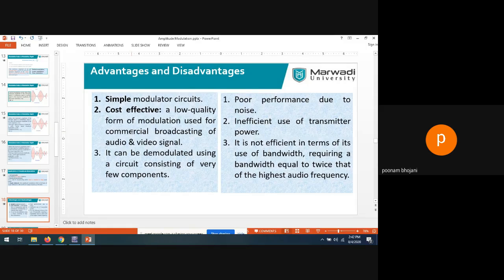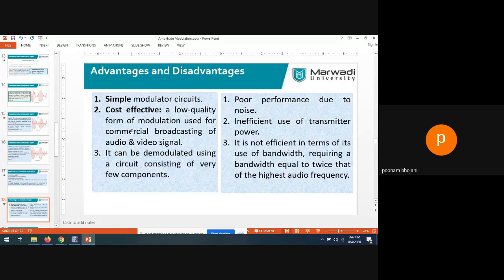Let's say you have a message signal of 20 kilohertz. If you want to transmit it through amplitude modulation, this technique uses twice the highest audio frequency, that is twice 20 kilohertz. So it will require very high bandwidth, which is not actually necessary, yet this technique still uses the higher bandwidth.